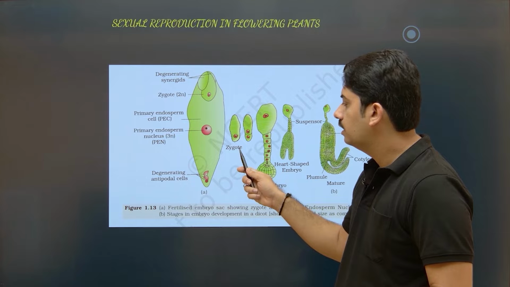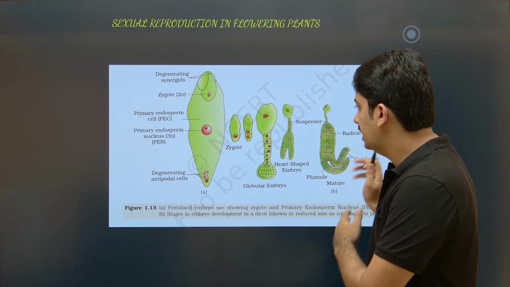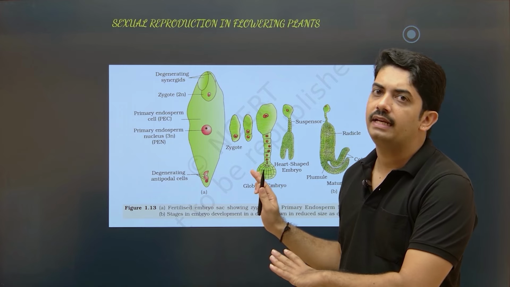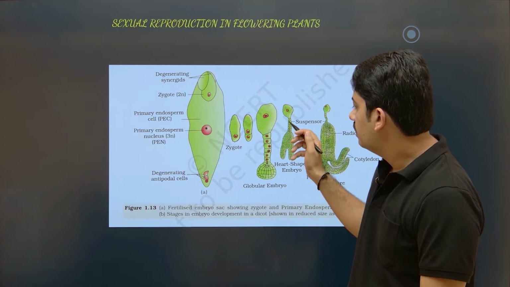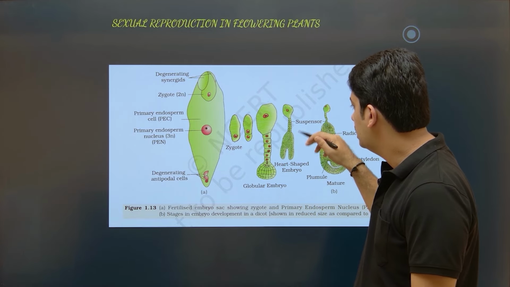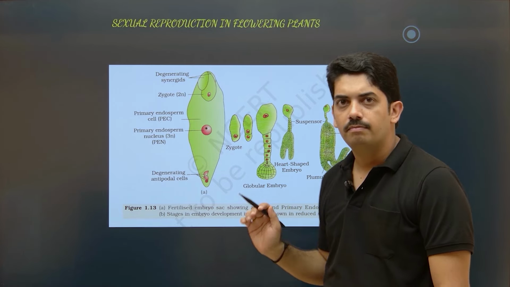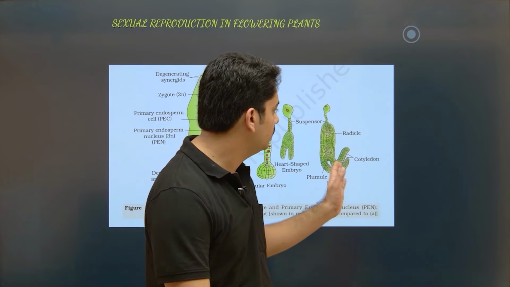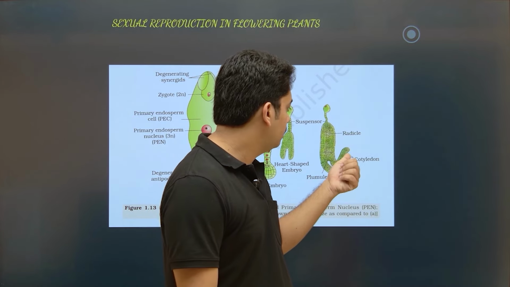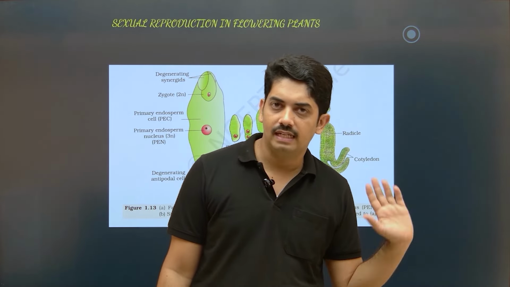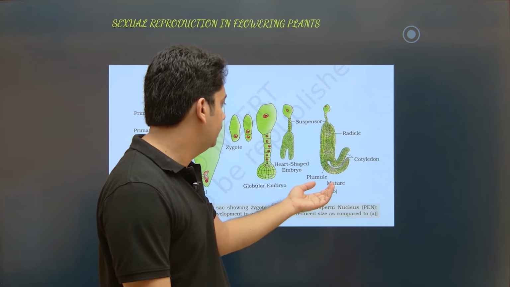This zygote later develops into different stages of embryo, which we will study in detail. Here you can see a globular embryo, a heart-shaped embryo, and a mature embryo where you can clearly observe the cotyledons. So this is definitely an example of a dicotyledon.